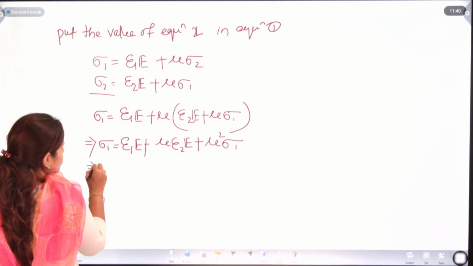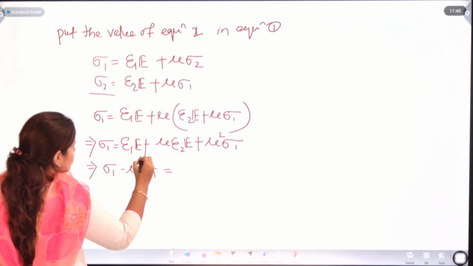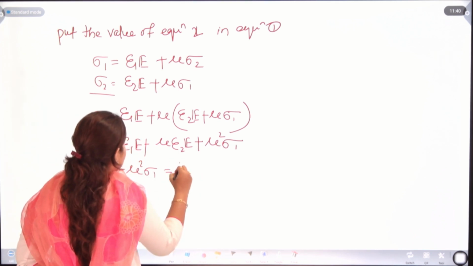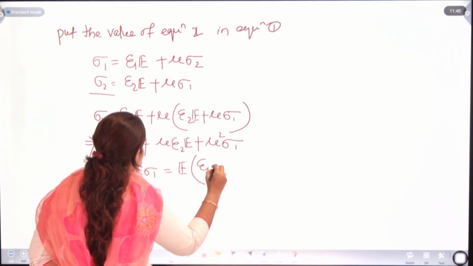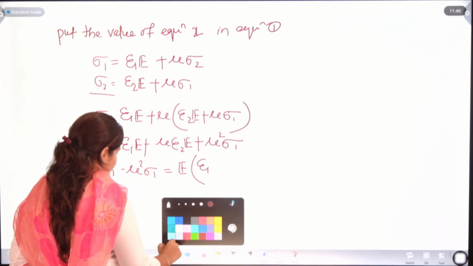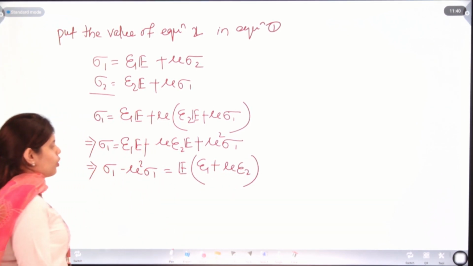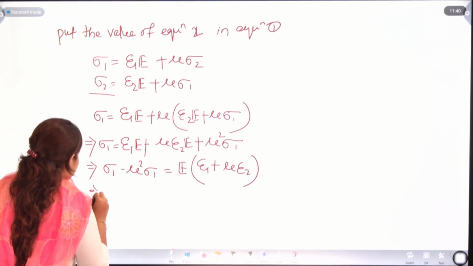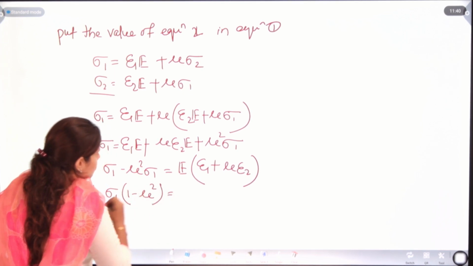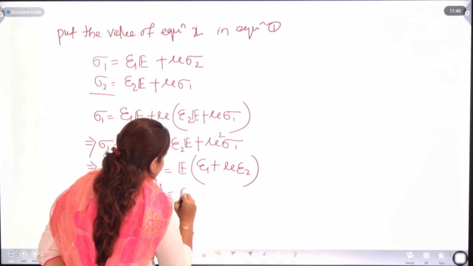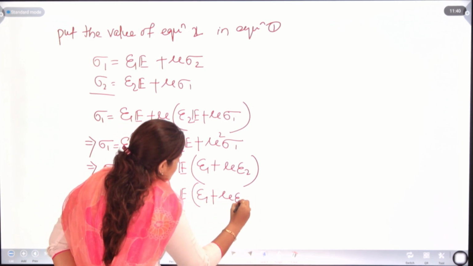Okay. So, sigma 1 minus mu square sigma 1 is equal to, here E is on both sides, let us take it common, E into epsilon 1 plus mu into epsilon 2. Now take sigma 1 common, sigma 1 into 1 minus mu square is equal to E into epsilon 1 plus mu into epsilon 2.